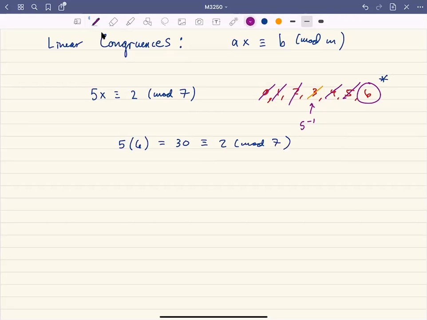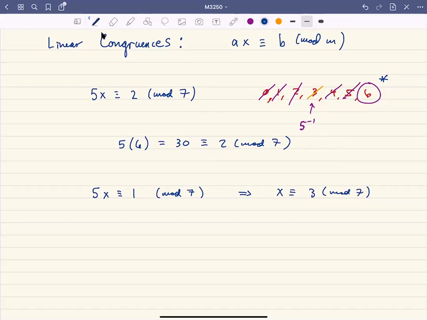Now, the reason why I highlighted 3 before is that 3, it turns out, is what's called the multiplicative inverse of 5 mod 7. In other words, it satisfies the equation that 5x is congruent to 1 mod 7 if x is 3 mod 7. And what we could do is use this fact.